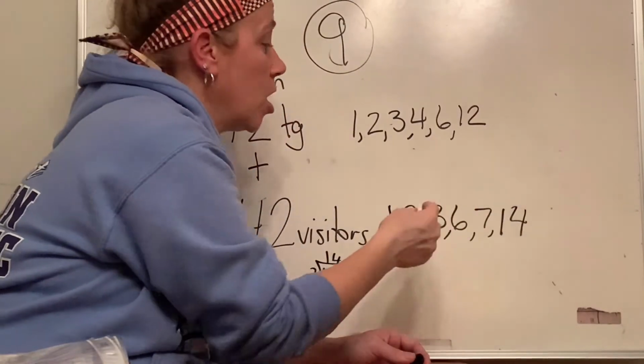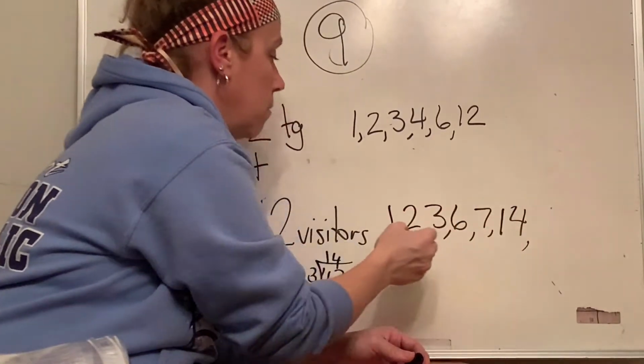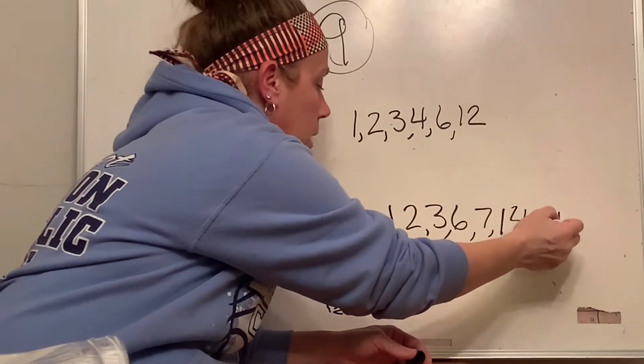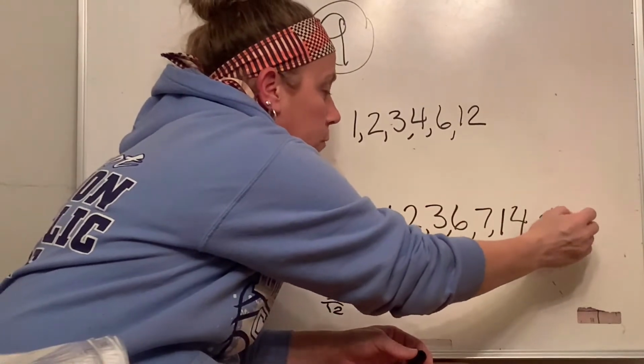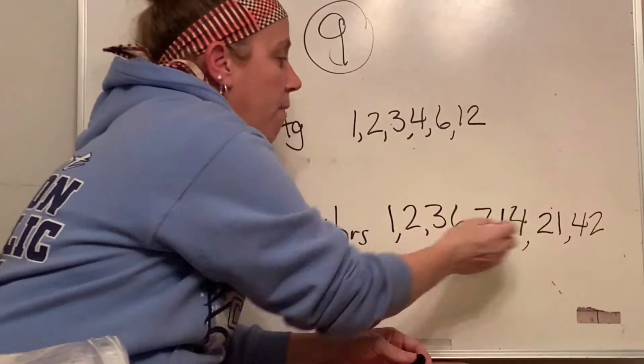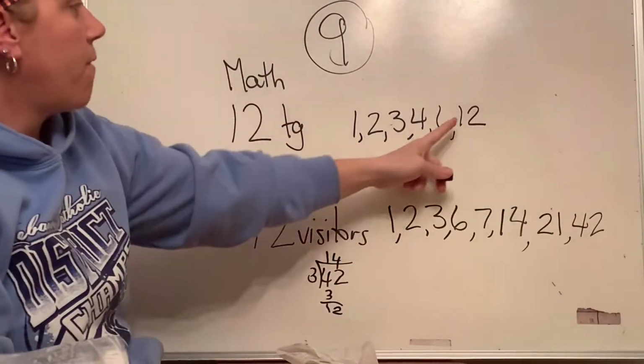Even I have to do division. 14, 2's partner would be 21, and 1's partner would be 42. So there are my factors of 42, my factors of 12.